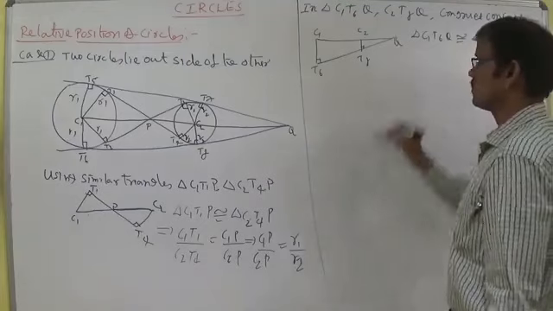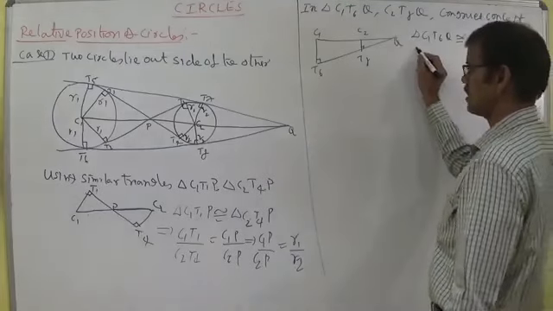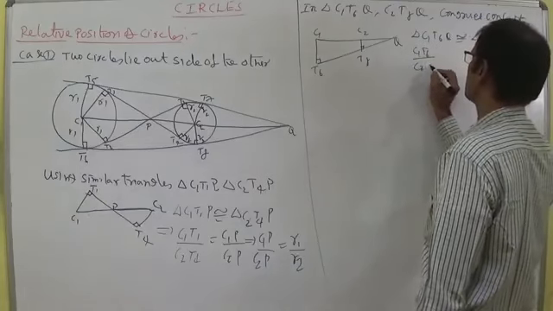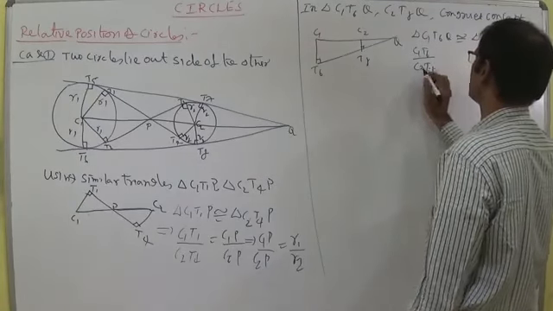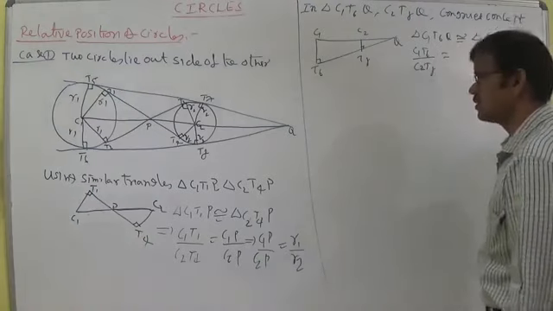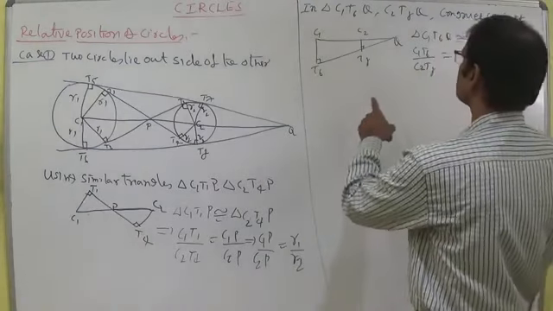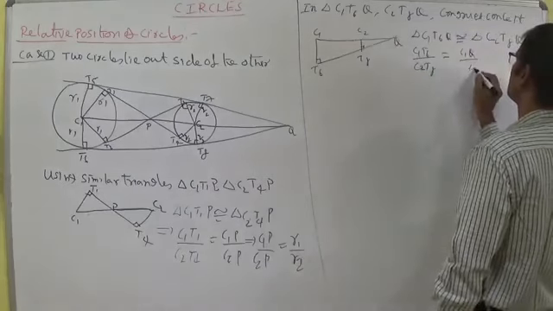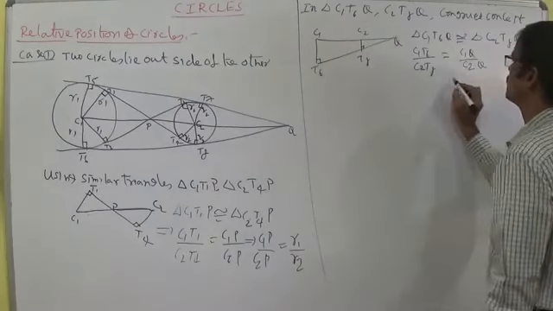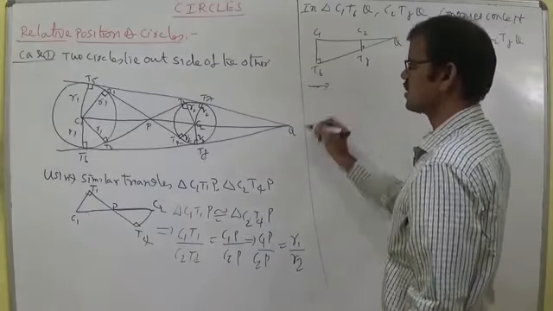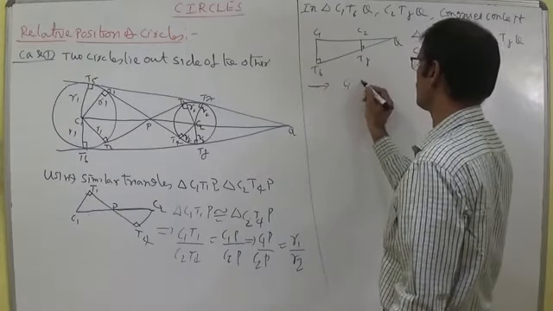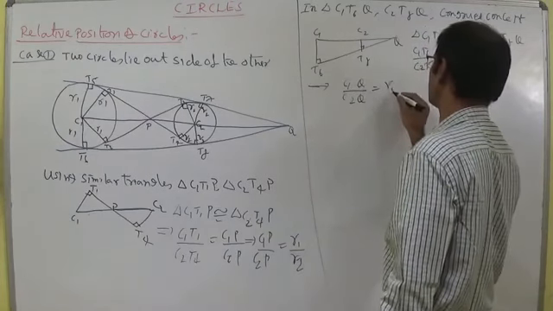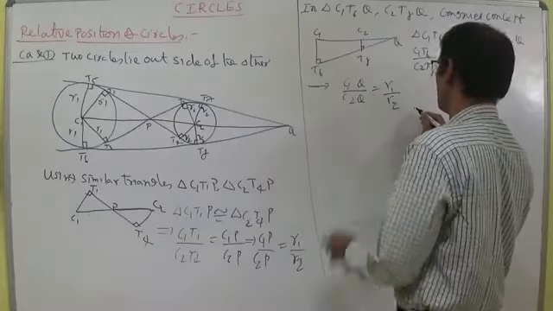Here this is Q. So you can say C1 T6 by C2 T8 is equal to C1 Q by C2 Q. That implies this is R1 by R2. Now you can write C1 Q by C2 Q is equal to R1 by R2.